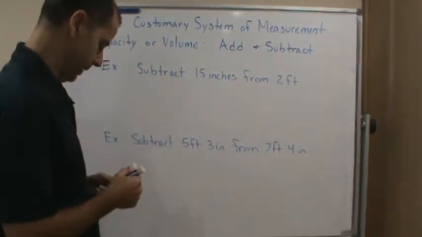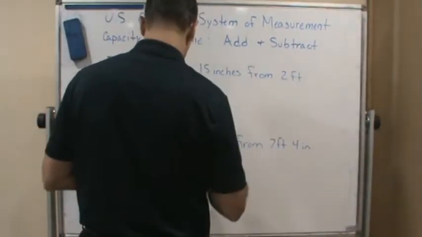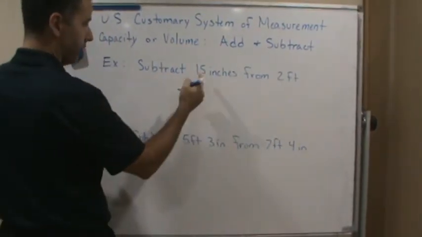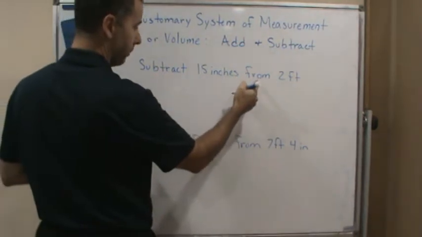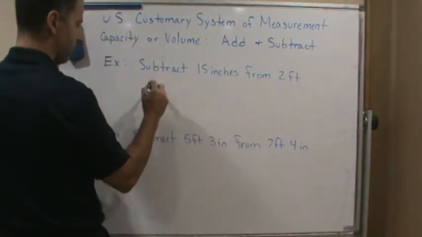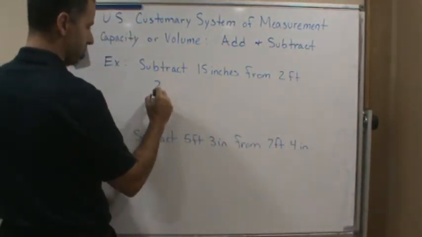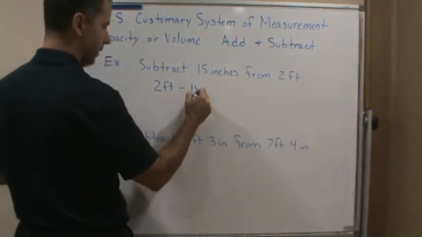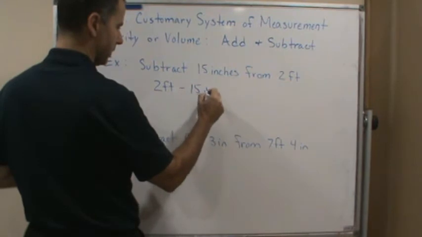Okay, so let's do that. I'm going to make this into inches. So that means I'm going to take 15 inches from 24 inches, because I'm taking 2 feet minus 15 inches.